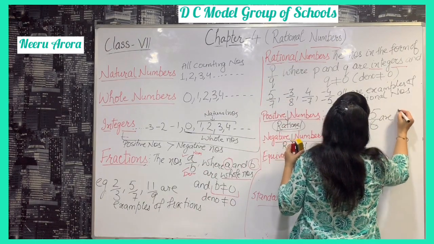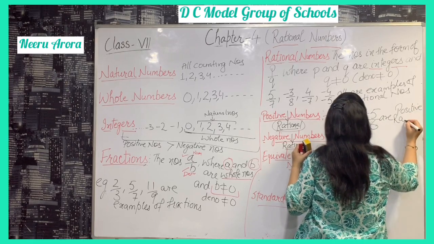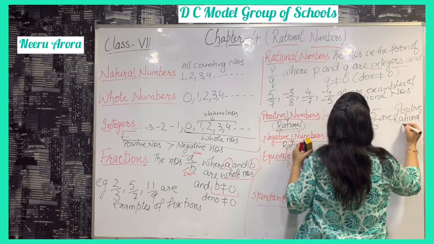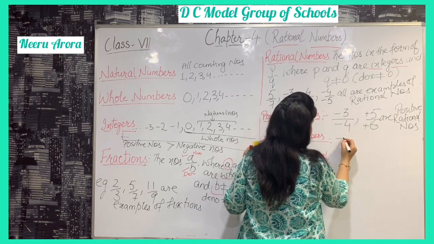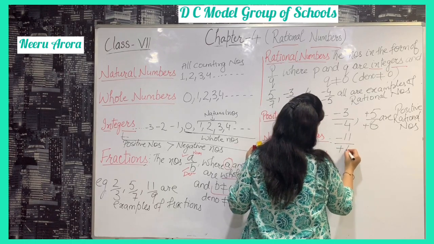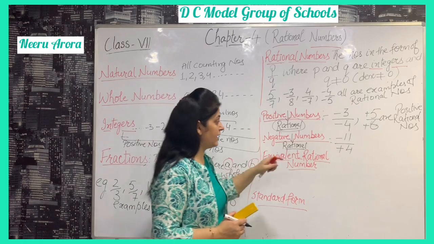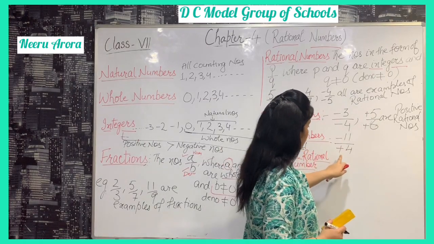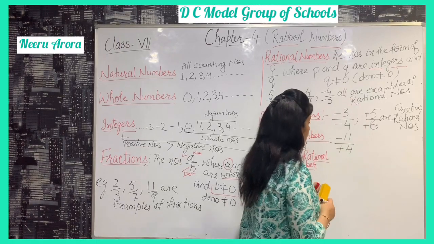Negative rational numbers are those in which, if the numerator is positive, the denominator is negative, or if the denominator is positive, the numerator is negative.